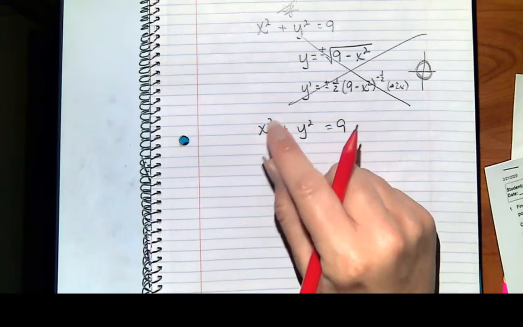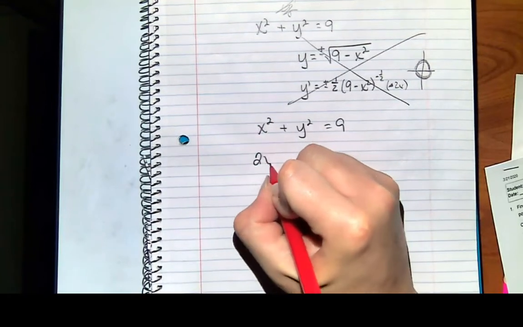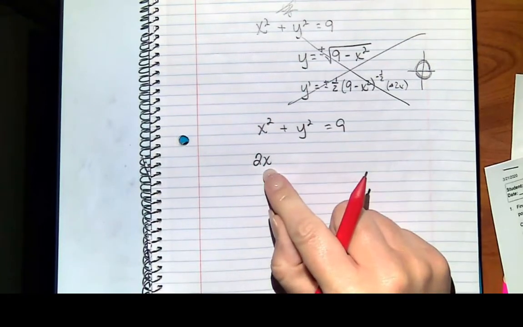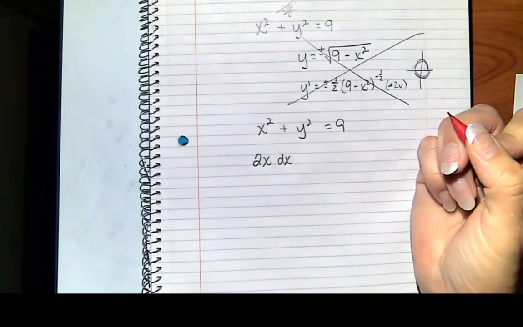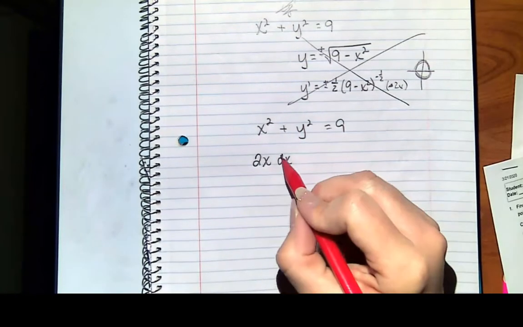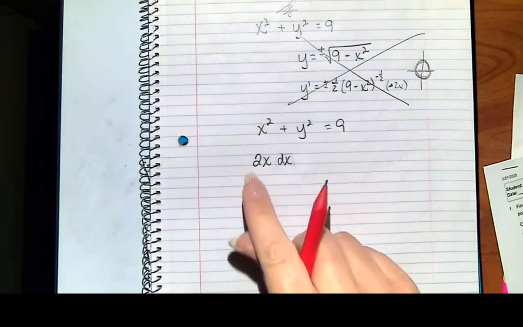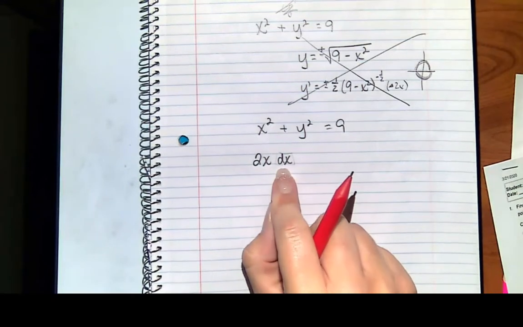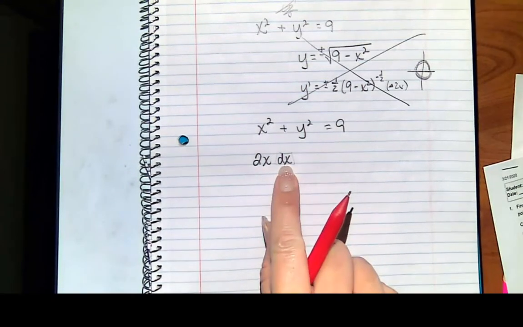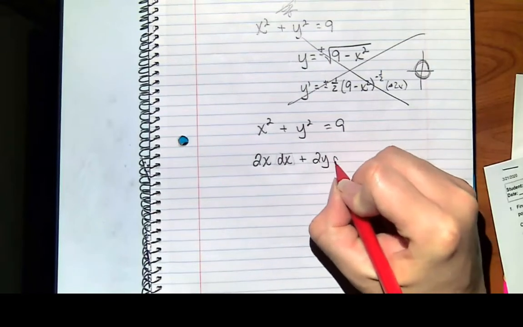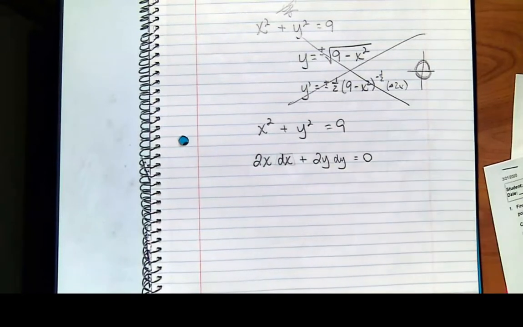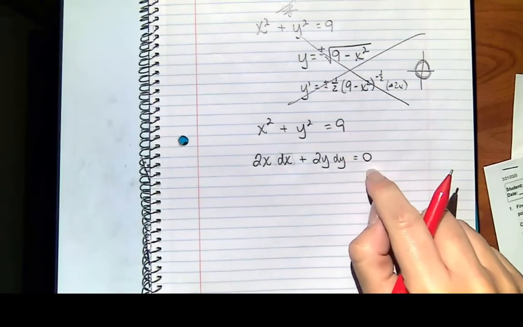So the derivative of x squared is 2x. But I took the derivative of x, so I need to note that by saying dx. It's a package deal. That says 2 times x times dx. What it means is the change in x. Okay? So plus 2y and then dy, and that equals 0.